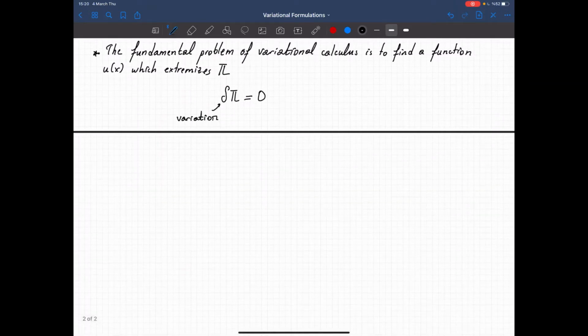Okay, now let u of x be the extremizing function. So we have a functional defined, P, and the function u of x makes that P equal to a minimum or maximum. Let's draw it.